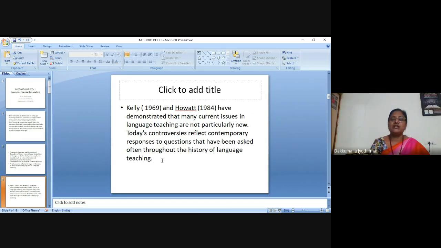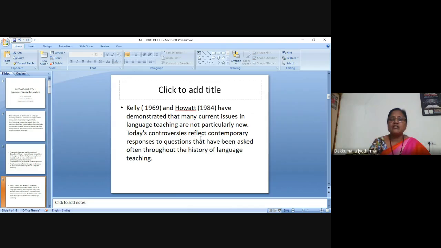There are so many, but these researchers and writers say that there is nothing new even in the current issues of language teaching, because if you examine the history that was there in the previous era also.